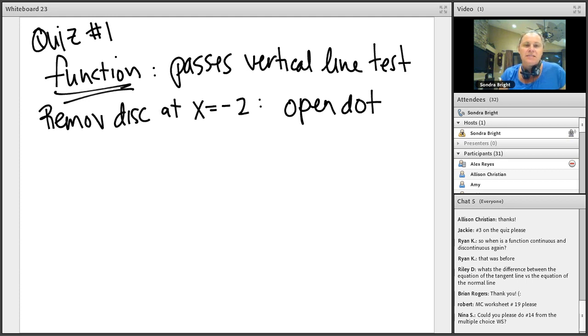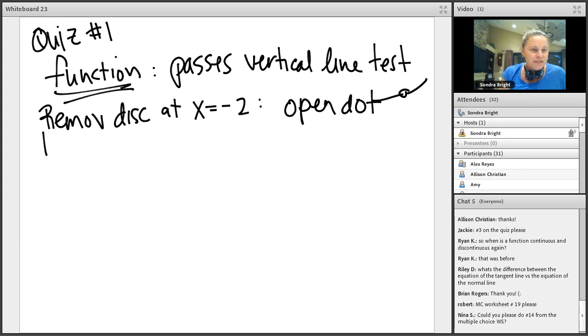It also means that your graph should keep on going. It's not just an open dot and then only continuing on one side. For it to be a removable discontinuity, it's kind of like you have this straight line with an open dot right smack dab in the middle of the graph.